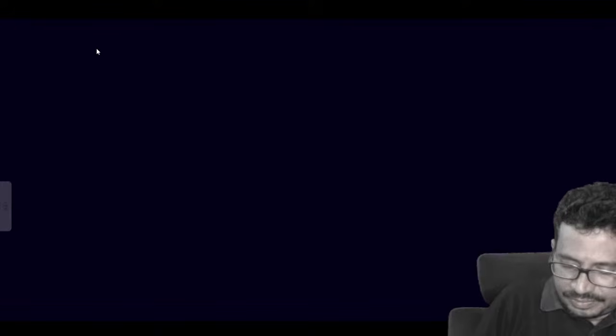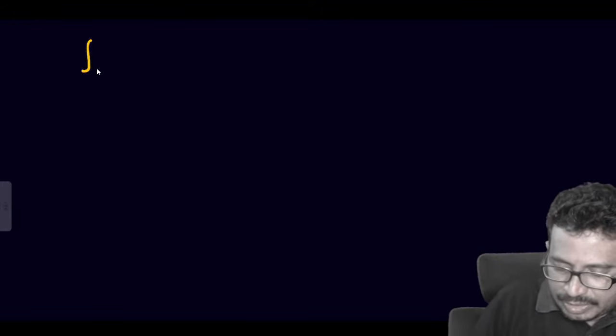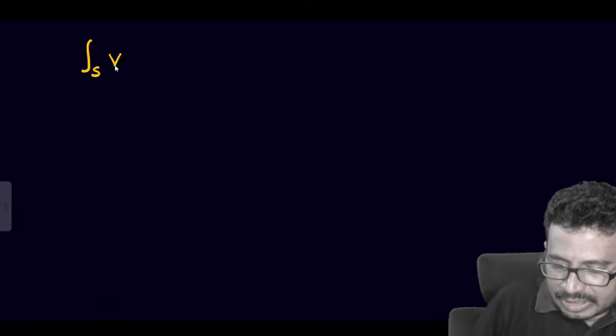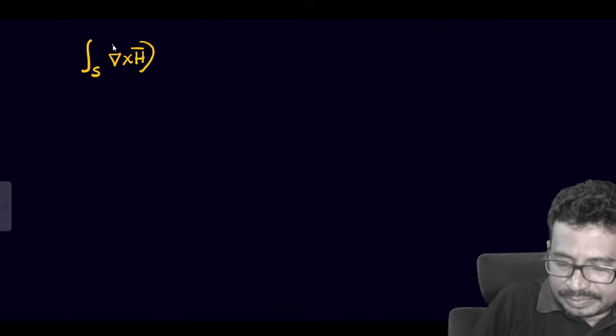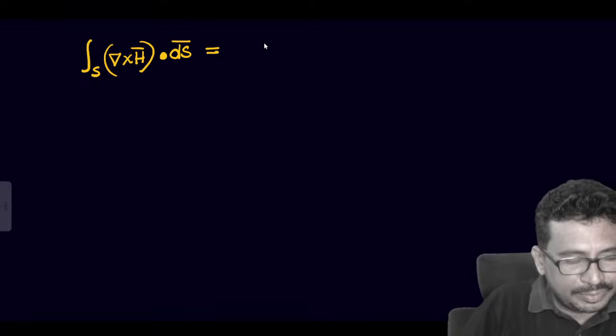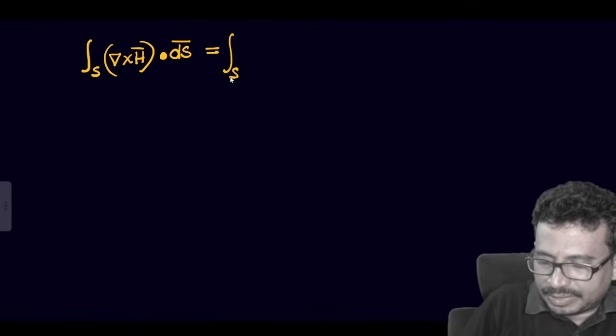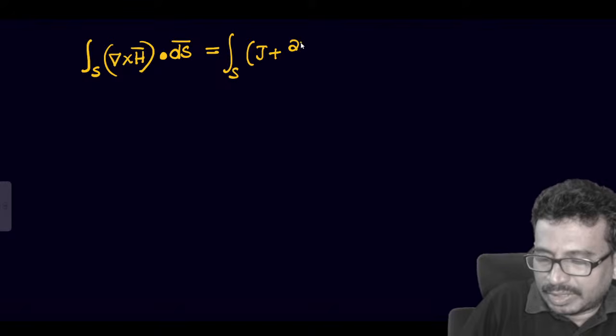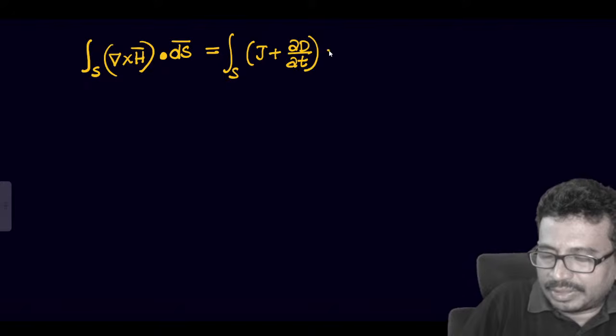Then it becomes the surface integral of del cross H dot dS, which is equal to the surface integral of J plus dou D by dou t, dot dS.